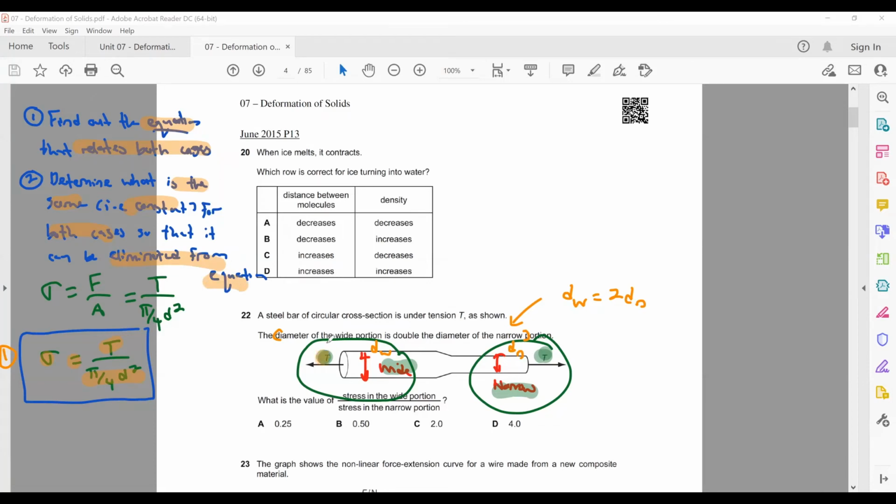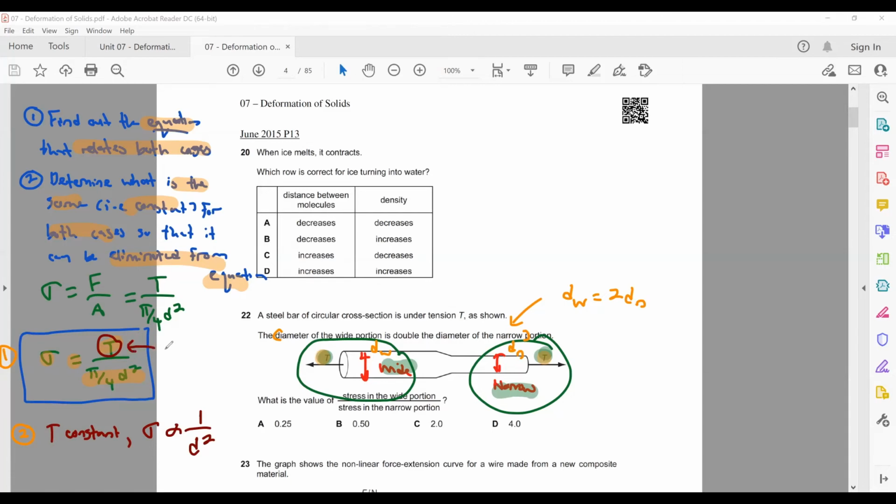Notice that just now I mentioned to you that for both cases the tension is the same. So what you would do here is that T here being constant, you can now find out a new relation. T is constant, that means stress is inversely proportional to d squared.